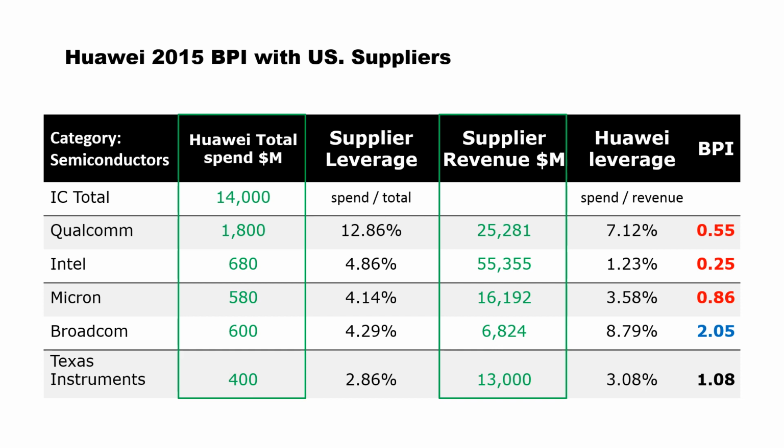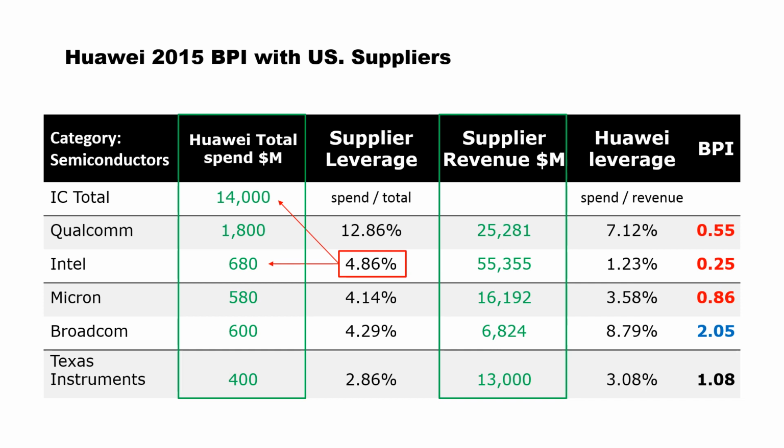The suppliers' leverage can be calculated by dividing the spend on the supplier with the total spend. So, for instance, Intel's leverage over Huawei is $680 million over $14 billion, which is 4.686%. Huawei's leverage can be calculated by dividing the spend on the supplier with the supplier's revenue.